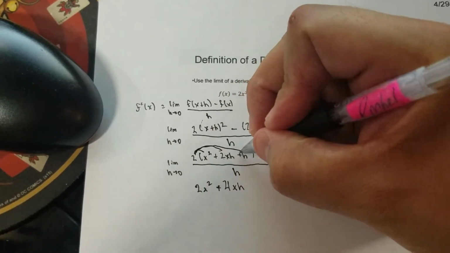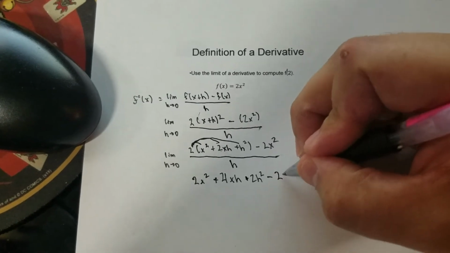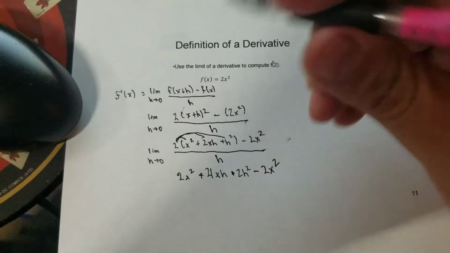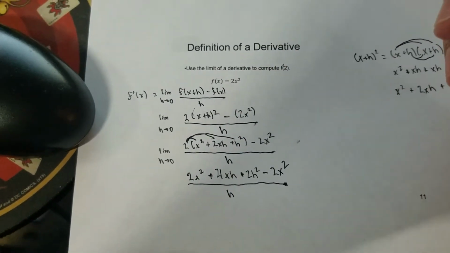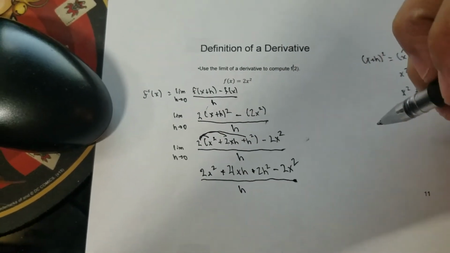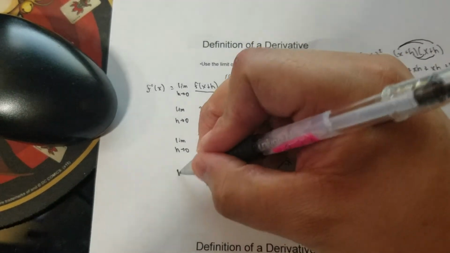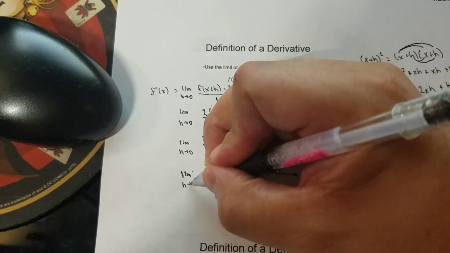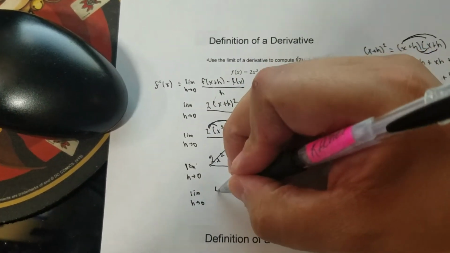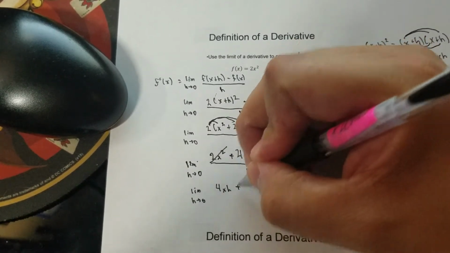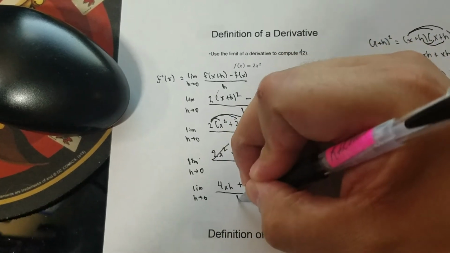And then plus 2h squared, minus 2x squared, all divided by h. Okay, so now I'm going to cancel some things here. I see that the negative 2x squared and the positive 2x squared cancel. So I'm left with 4xh plus 2h squared, all divided by h.